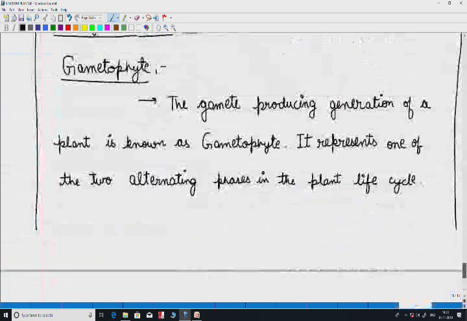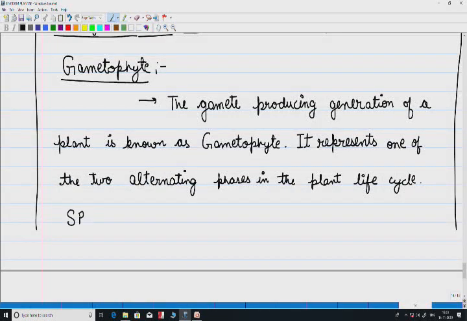What is sporophyte? Can you guess? Okay, I'll just write it down.